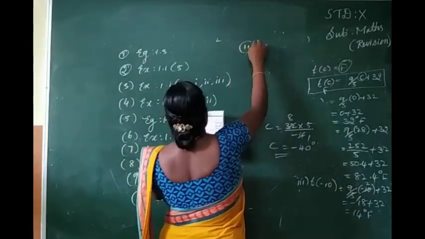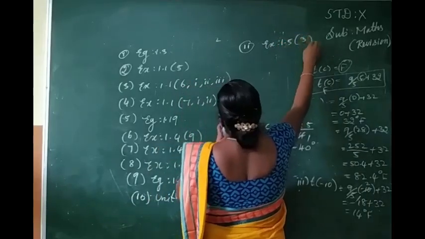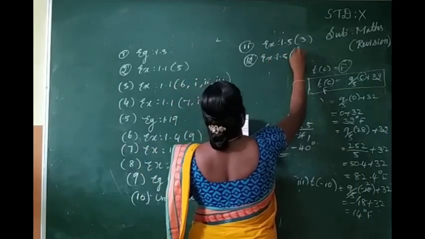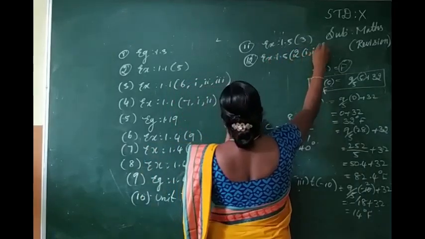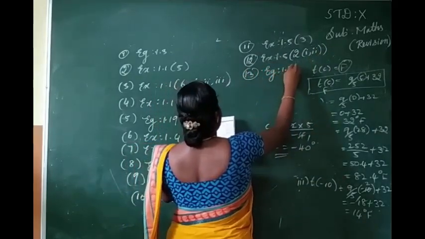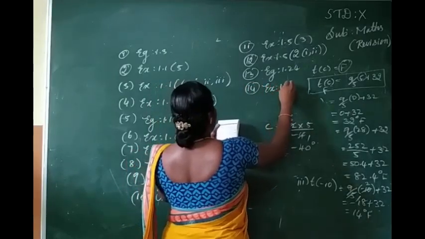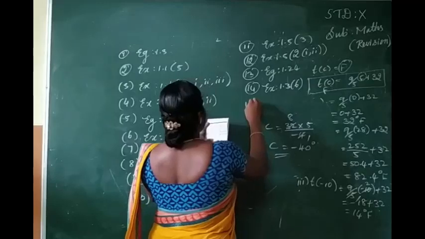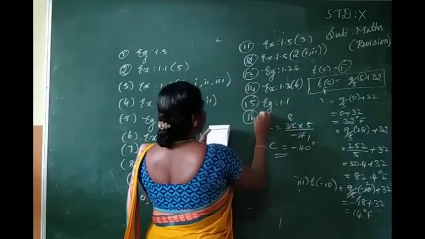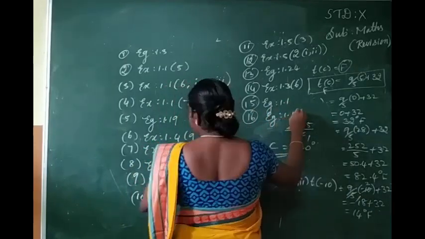So the 11th one is exercise 1.5, question number 3. 12, exercise 1.5, question number 2. 13, example 1.24. 14, exercise 1.3, question number 6. Example 1.11.